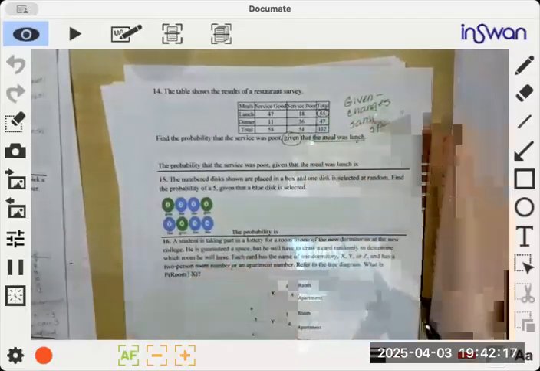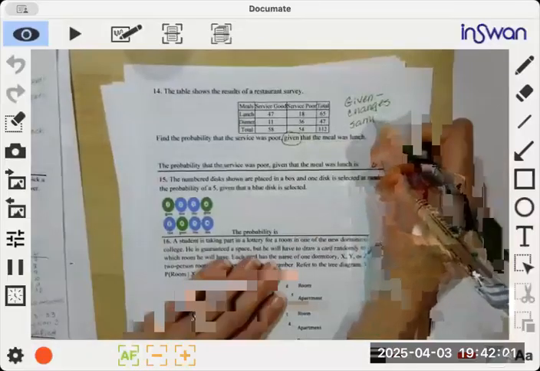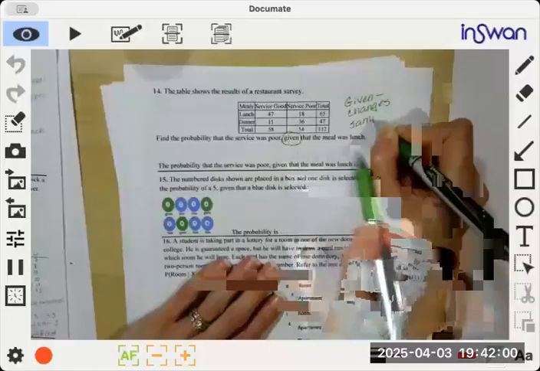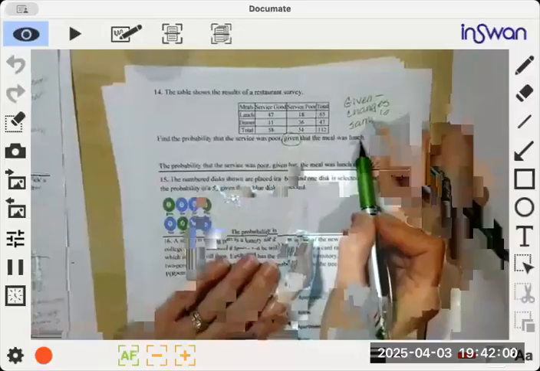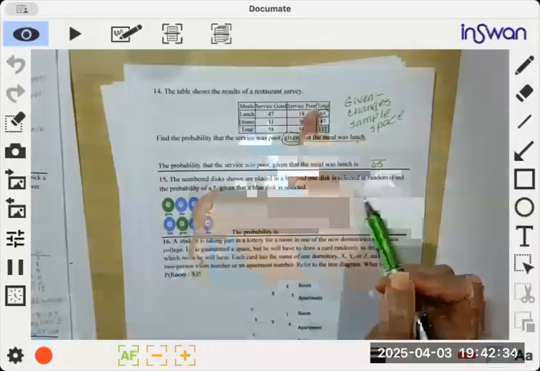So if the meal is lunch, our denominator is 65. So this given tells me that the meal is lunch. I'm only looking at the lunches, so that's 65.